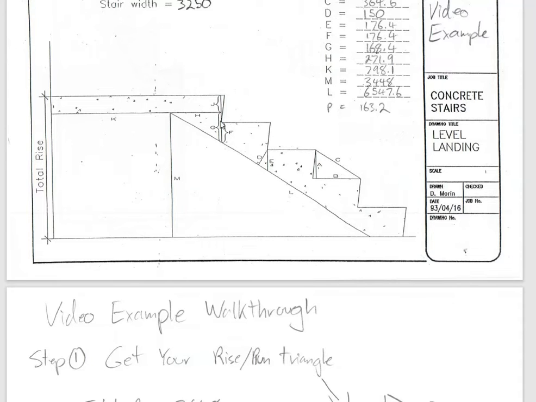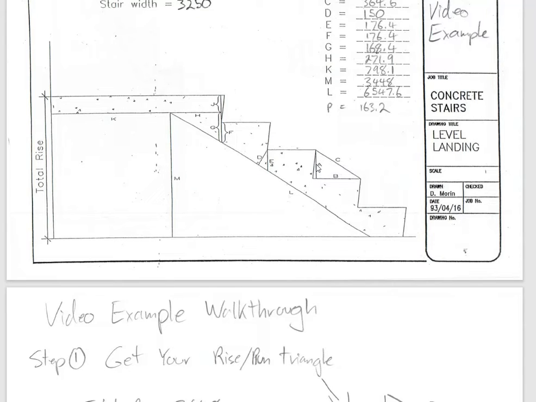The next thing we're going to figure out is the volume of each step as it relates to this triangle here. And what we need is the area of each of these triangles, that being a function of the rise, and this section here being the run and the nosing, to get the area of this.